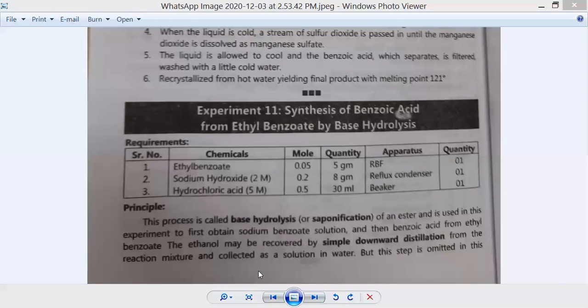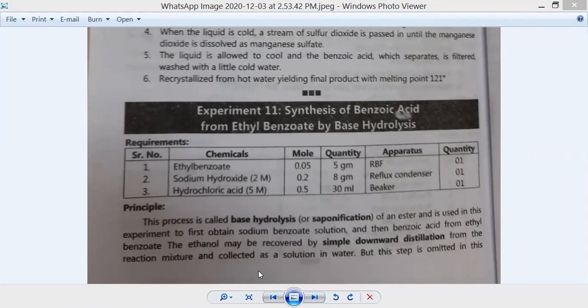Here we are not going to use any organic solvent, simply hot water can be used as a recrystallizing agent. Now, what will be the procedure involved in the synthesis of benzoic acid from ethyl benzoate? Already in the reaction mechanism, we have discussed that it is basically a two-step reaction.